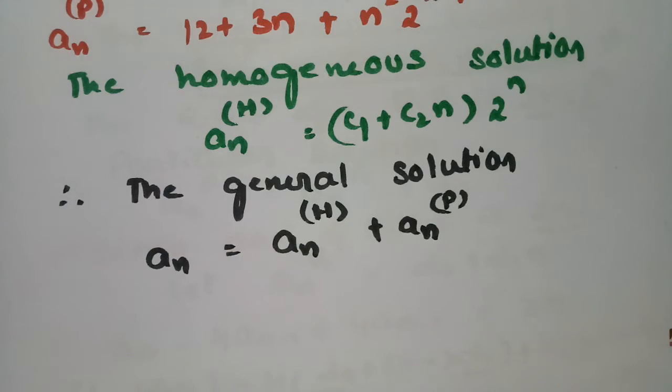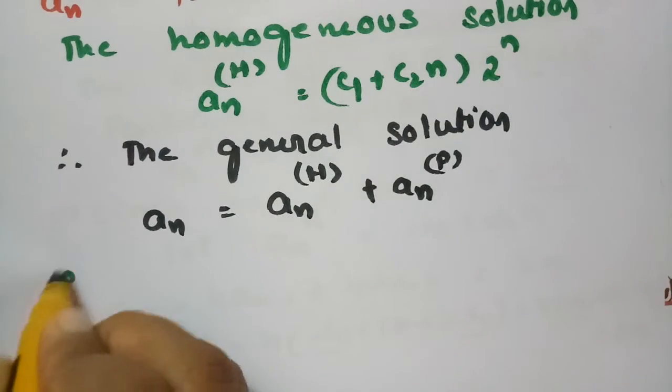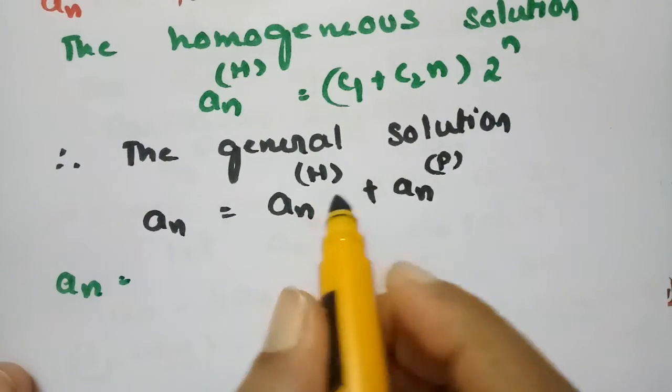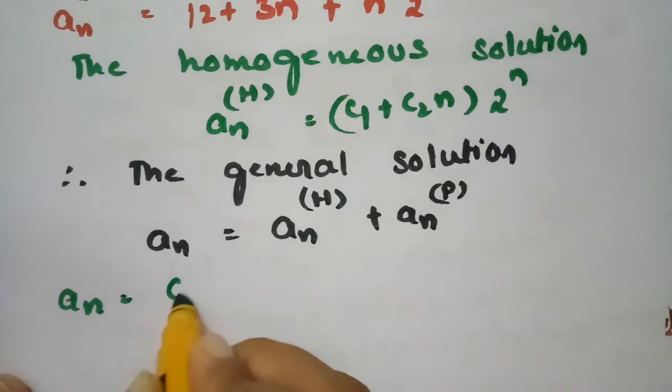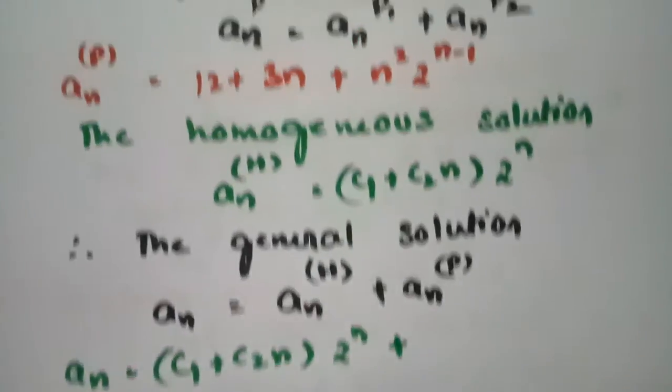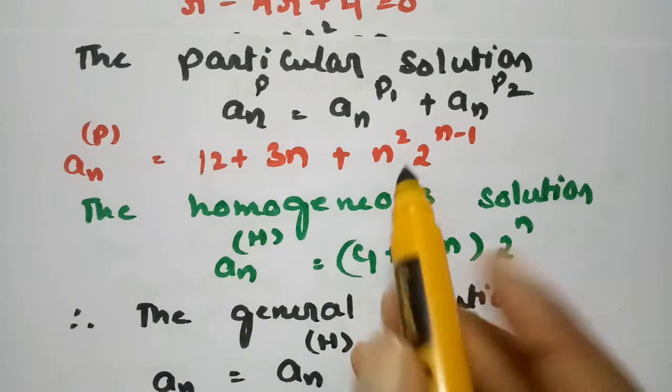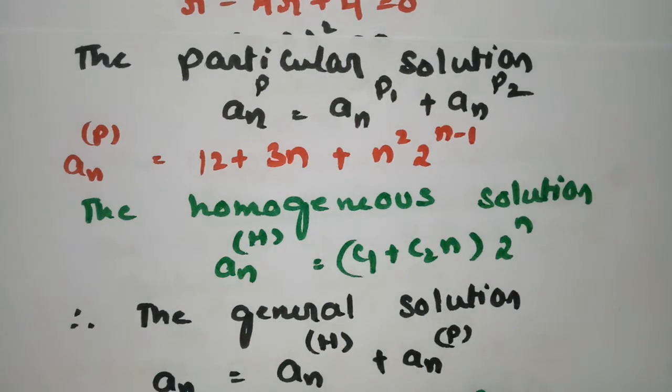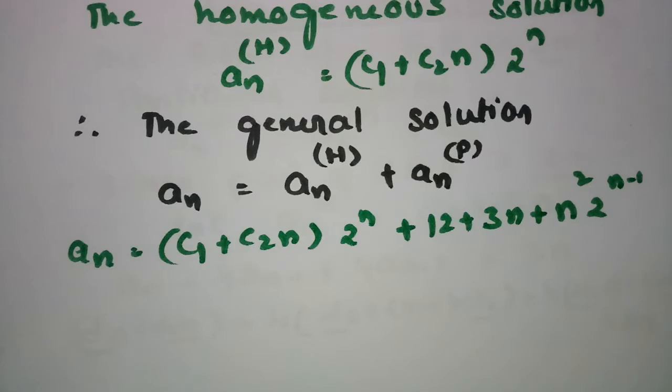If we add up all these, an will be, what is the homogeneous solution here? The homogeneous solution is C1 plus C2n into 2 power n, plus the particular solution here, that is 12 plus 3n, plus n square into 2 power n minus 1. So this is the general solution.